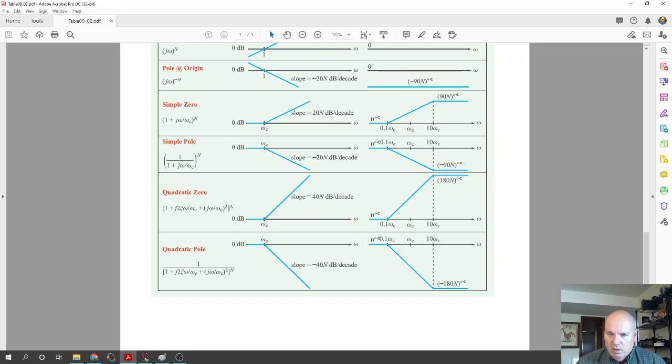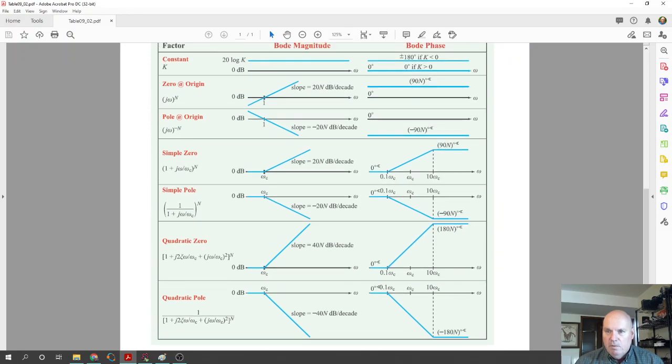And similarly for a quadratic pole term, a term like this that now is in the denominator, for frequencies above omega c, it would decrease at a negative 40 dB per decade rate if capital N is to the first power, and if it's to the second power, it'd be a minus 80 dB per decade rate.